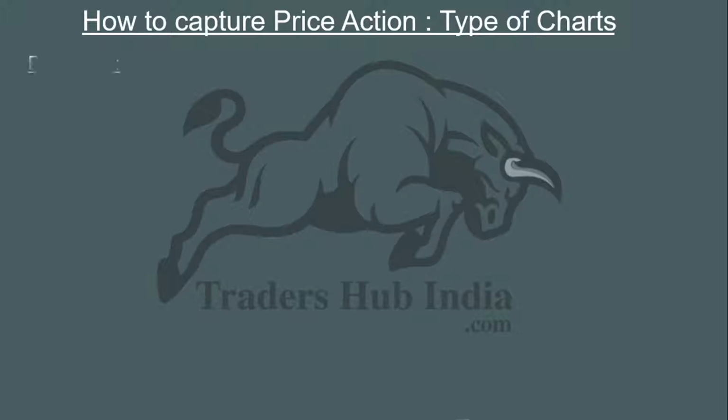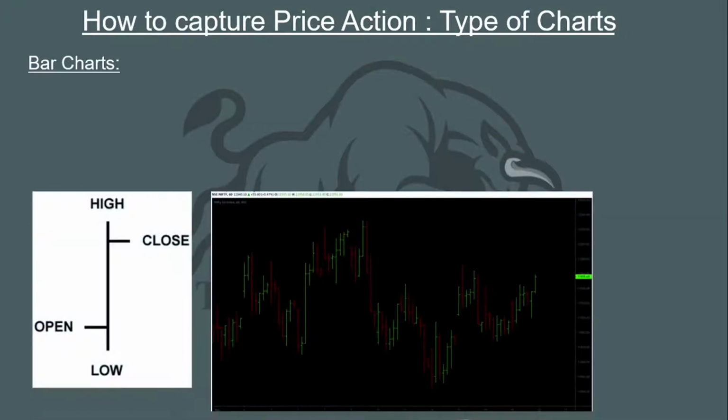Bar charts. Bar charts look like this, as shown in the picture. When the market is up for a particular day, the open price will be marked below, the low will be marked at the low and the high at the high, and the closing price, which is higher than the open price, will be marked on the right side.